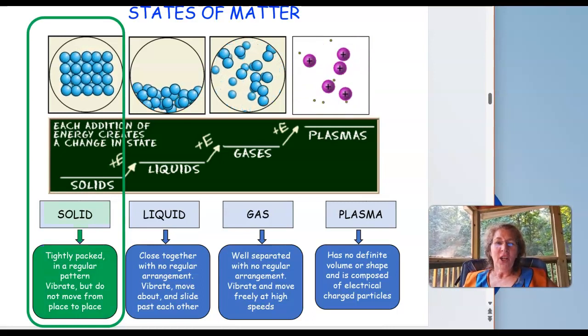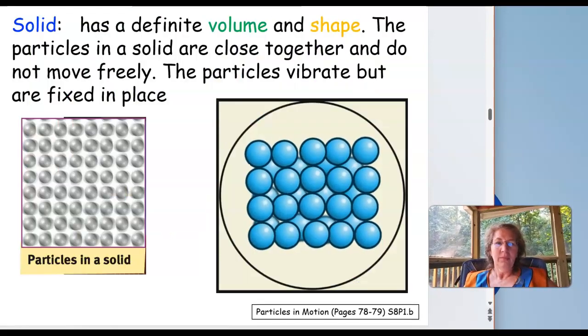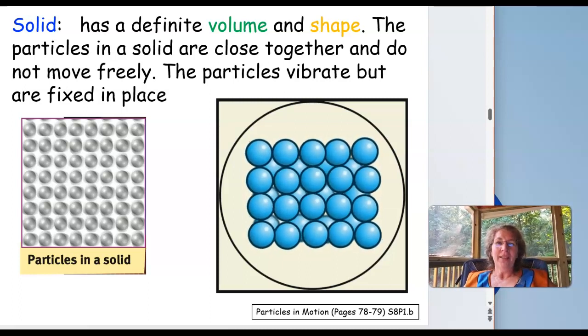So we're going to start out talking about a solid. Solids are described as having a definite shape and a definite volume, meaning that they're not going to flow like a liquid does. The particles are packed in very close together, but remember, they still have some space between them.